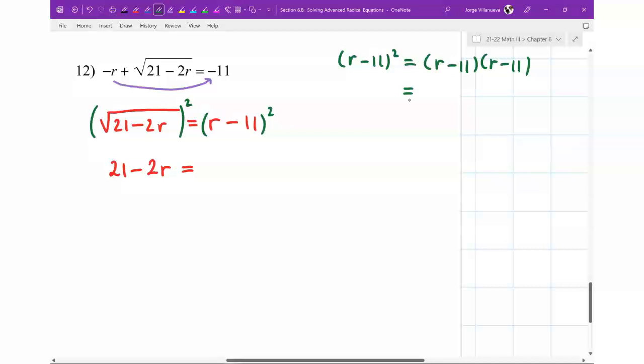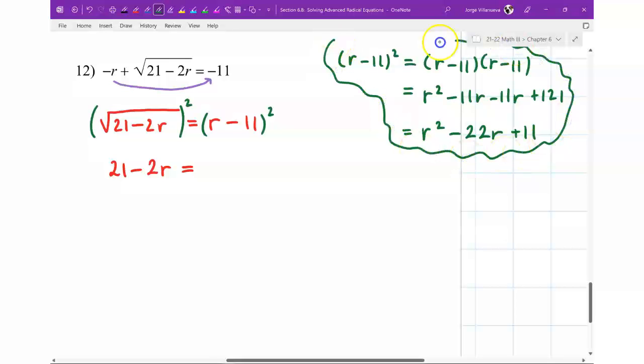So r times r, that's r squared. r times negative 11 is negative 11r. Negative 11 times r is negative 11r. And negative 11 times negative 11 is positive 121. So this is r squared minus 22r plus, not 11, I'm sorry, 121. This is my scratch work.